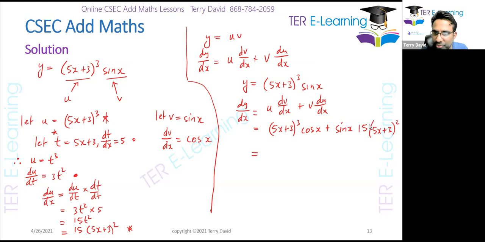We have (5x + 3) cubed cos x plus, let's put the 15 in front, 15 (5x + 3) squared sine x.